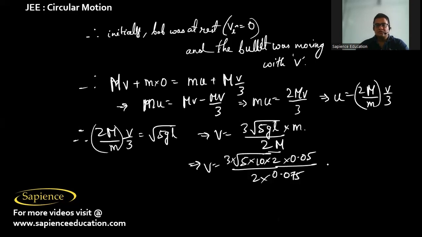So this we have to solve. 2 5s are 10, so root over 100 is 10. So 3 into 10 into 0.05 divided by 2 into 0.075.